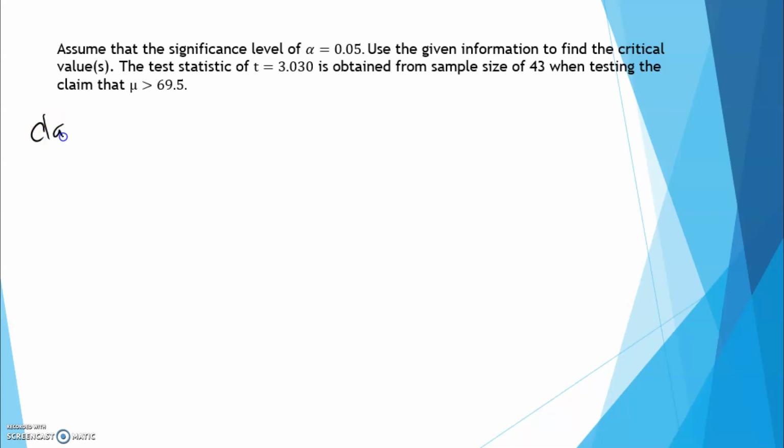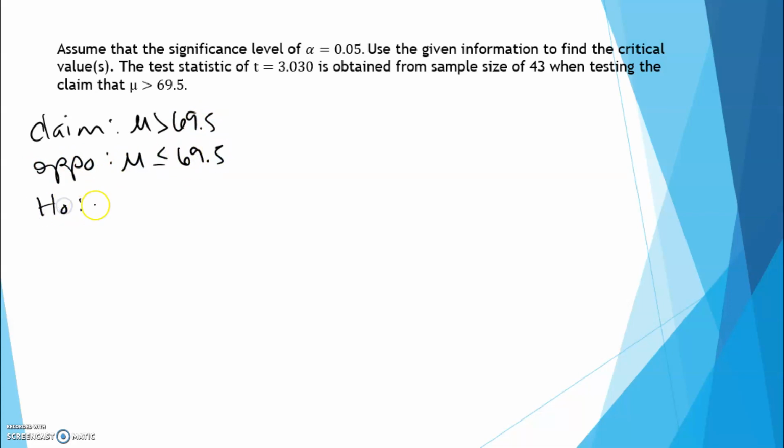So we would have the claim: mu is greater than 69.5. The opposite of our claim: mu is less than or equal to 69.5. H sub 0 always gets the equal sign. H sub 1 never gets the equal sign.